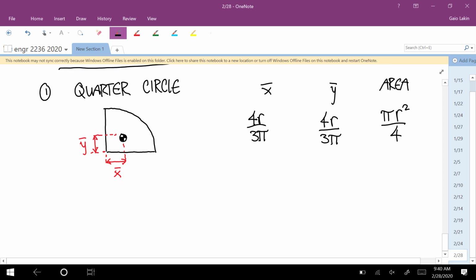Second, a semicircle. Well, you could easily use the sum formula to figure out that the vertical location of the centroid of a semicircle is the same as the vertical location for a quarter circle. But I'm going to give you this one since it's going to come up pretty often.